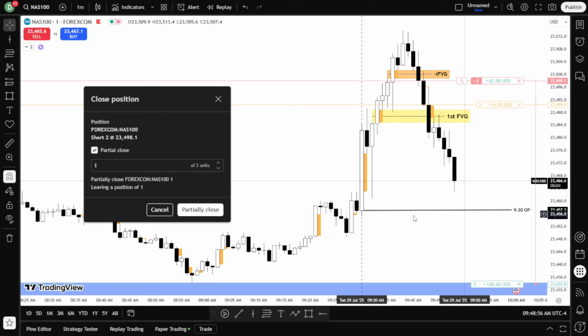I would like to take a partial now at 930 or below 930, and my stop loss is currently plus 15, so this is a very good place to be in.